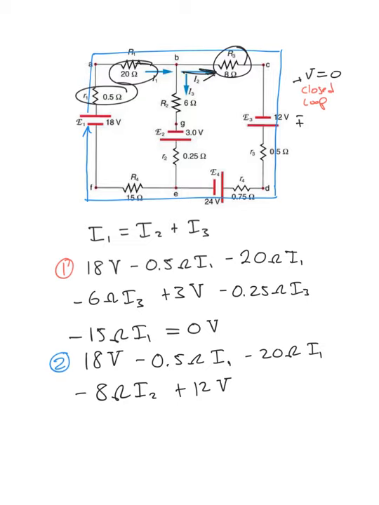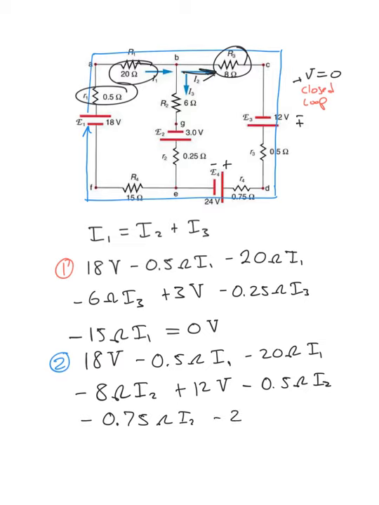We then hit 2 more resistors where we are going to lose voltage. So we have minus 0.5 ohms multiplied by I2 minus 0.75 ohms also multiplied by I2. We then hit a battery which is facing the other direction, which means that we end up moving from the positive end of the battery to the negative end. And when we do that, we are going to lose voltage.